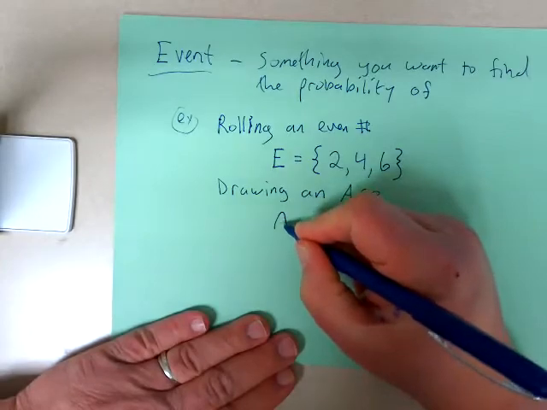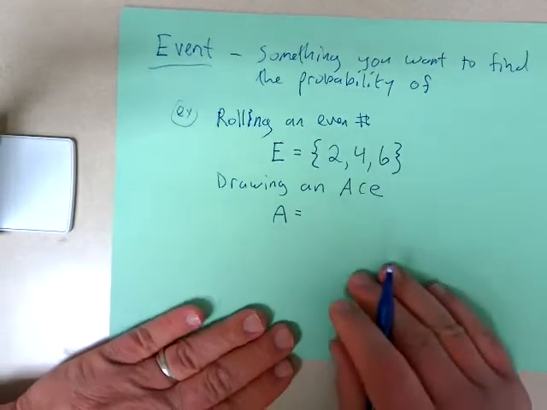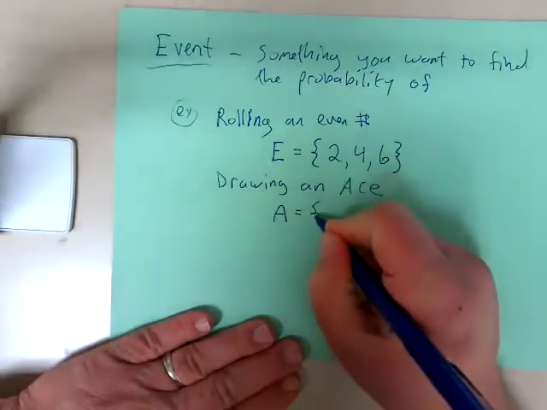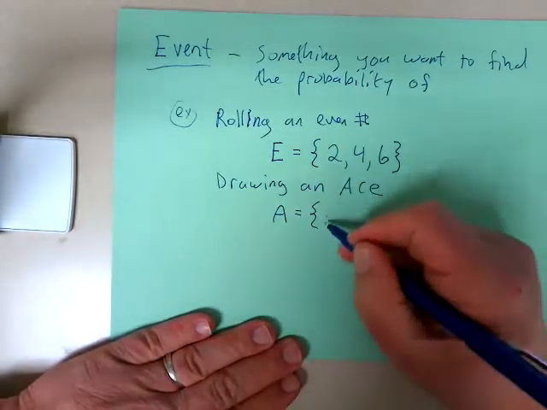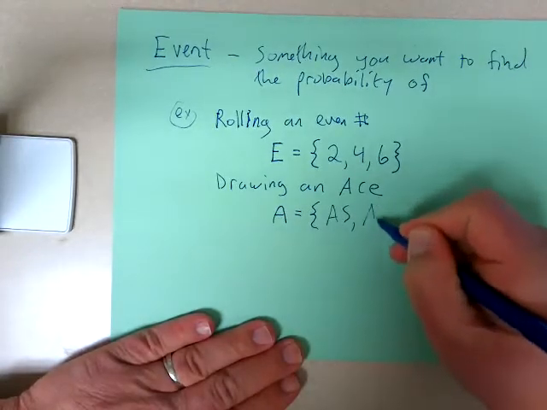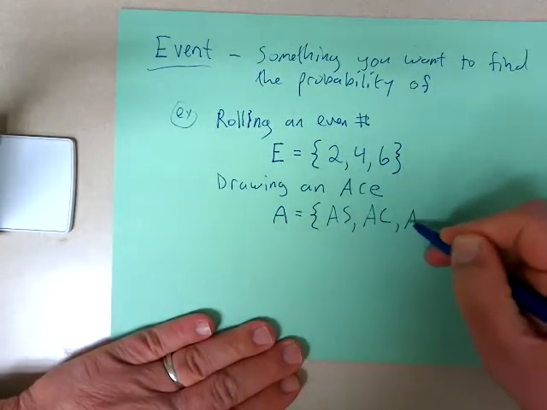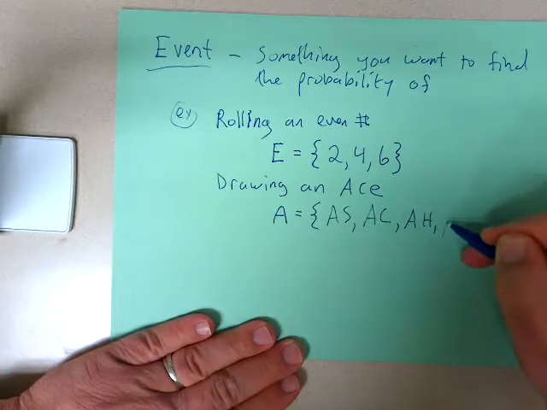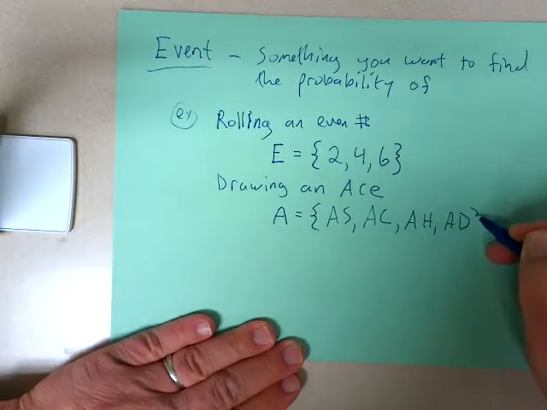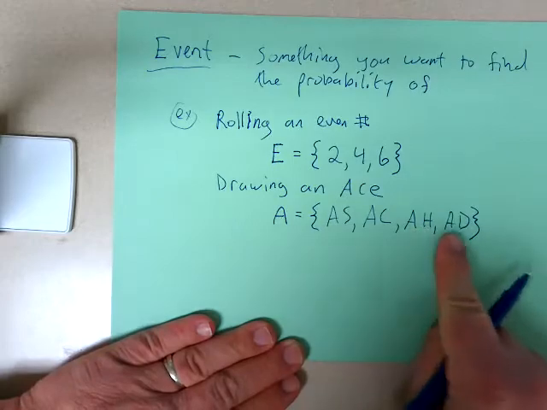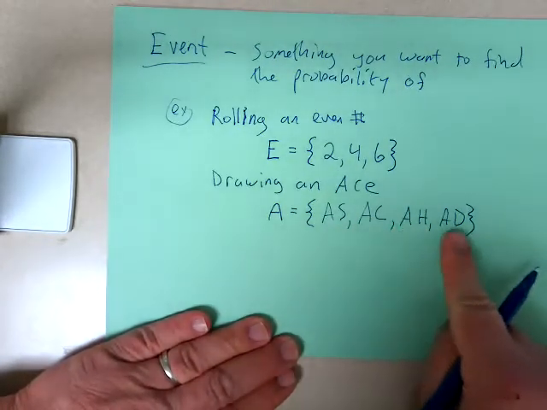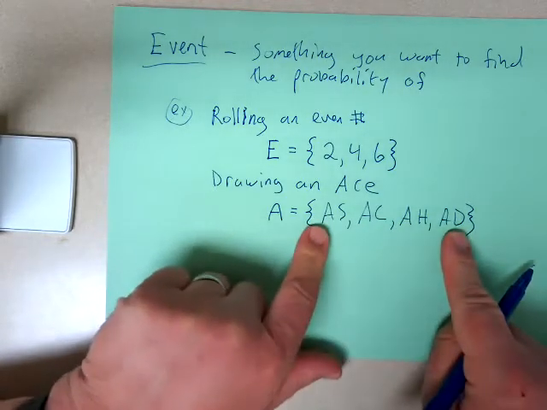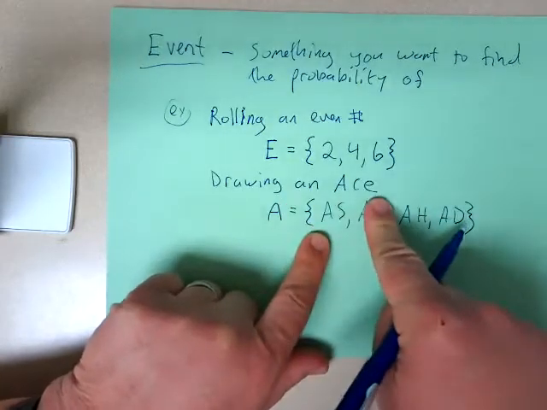Okay, so maybe I could call this event A, and then in this case, the event would be the ace of spades, the ace of clubs, the ace of hearts, and the ace of diamonds. Those are the 4 aces that are in a deck of cards. So in this event, drawing an ace, there's 4 outcomes of the experiment that would end up being this event, drawing an ace.